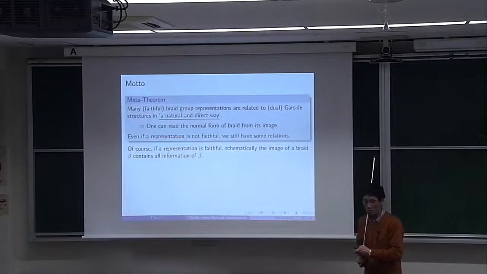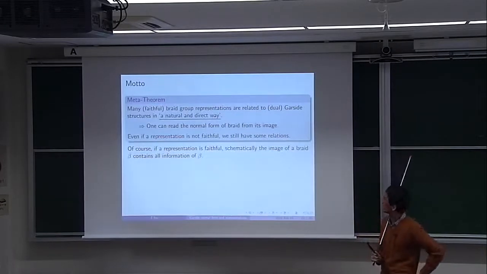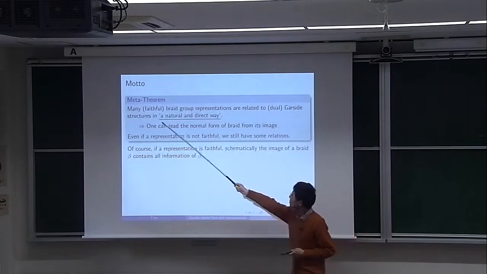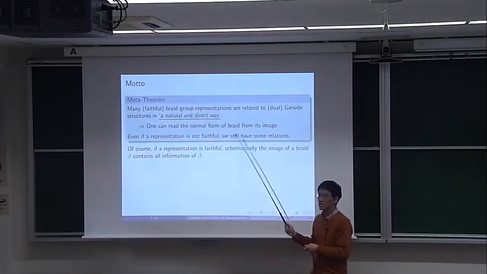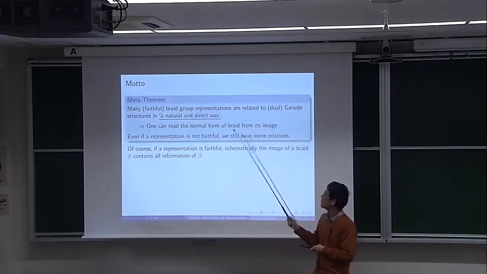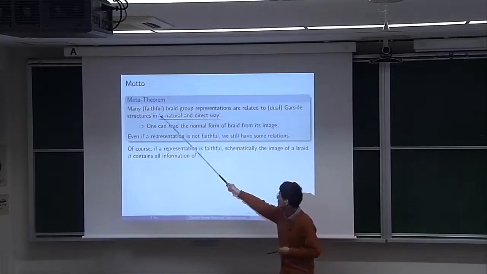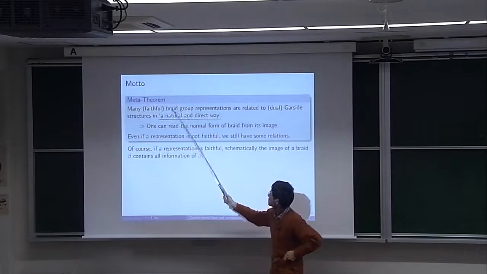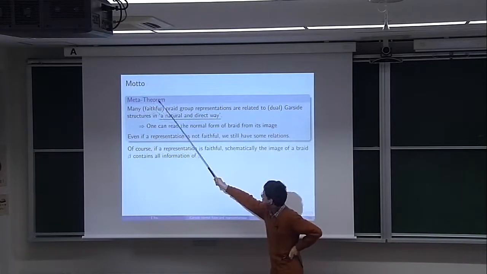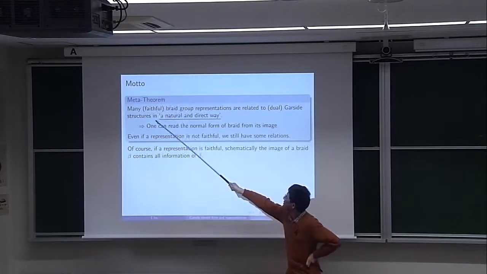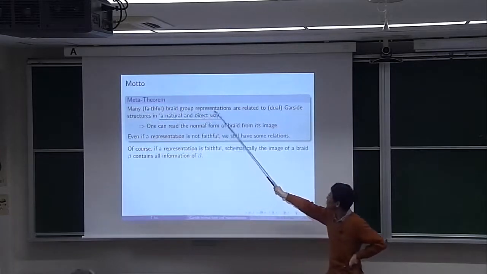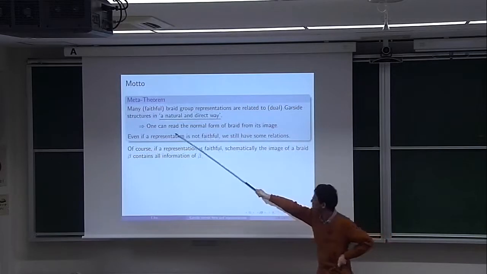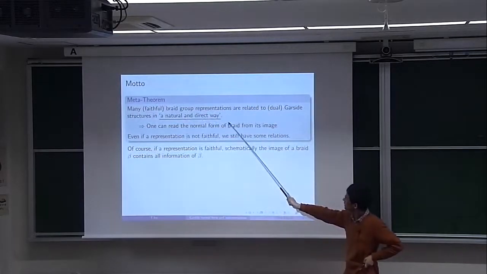So now we are positioned to describe the meta theorem, or motto. A meta theorem means that this is not a theorem in the mathematical sense. It is somewhat of a motto, or a general assertion, that many faithful braid group representations are related to the Garside normal form or Garside structures in a natural and direct way.